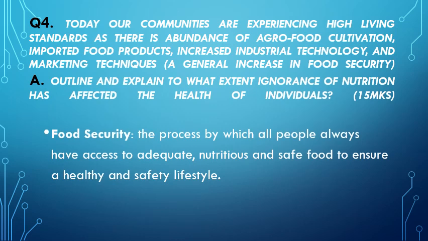It is simply the process whereby everybody at every point in time has access to adequate, I like to emphasize so much on this point, adequate, nutritious, and safe food to ensure a healthy and safe lifestyle. That is food security. It means everybody at every point in time has access to food, and not just any type of food, that is adequate, that is the right amount, because an adult will not consume the same amount as a child.